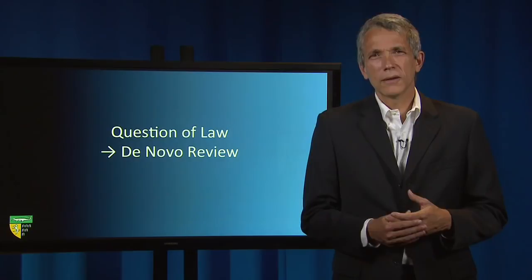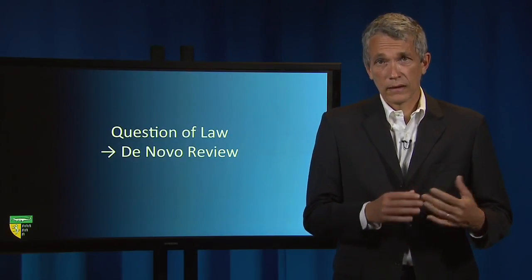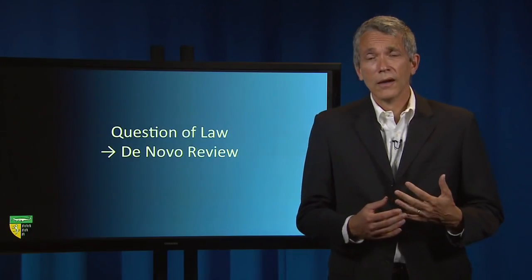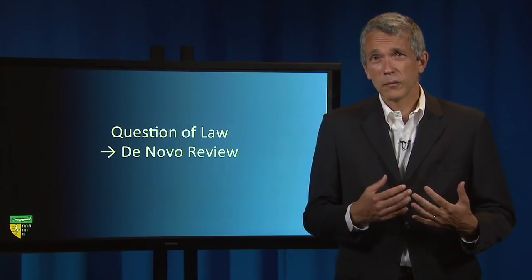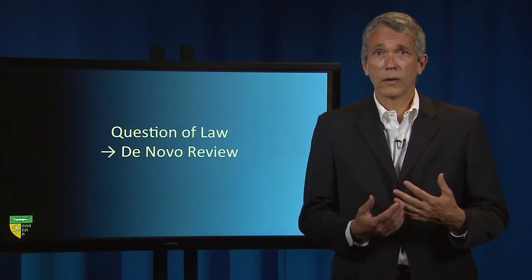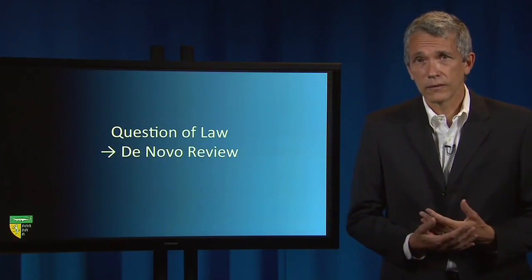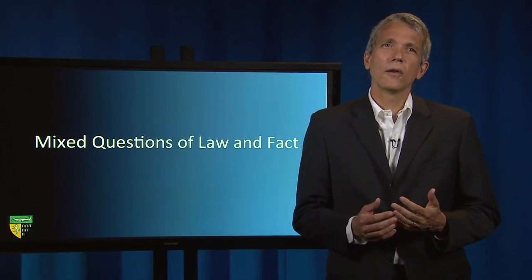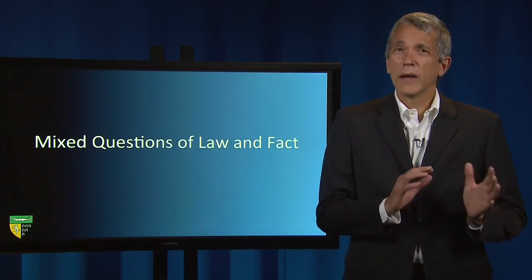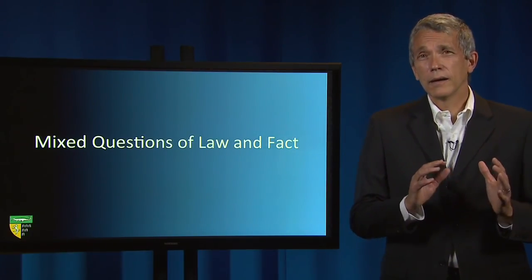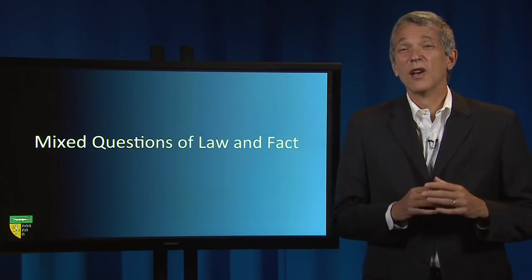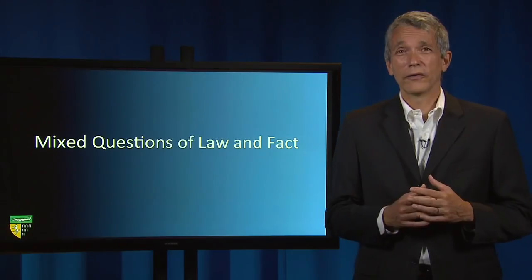Because of the stark difference between the deference given to questions of law and questions of fact, it's crucial for appellate courts to be able to distinguish between what questions fall into which categories. The problem of categorization is made all the harder, as there is also an intermediate category of determinations called mixed questions of law and fact.